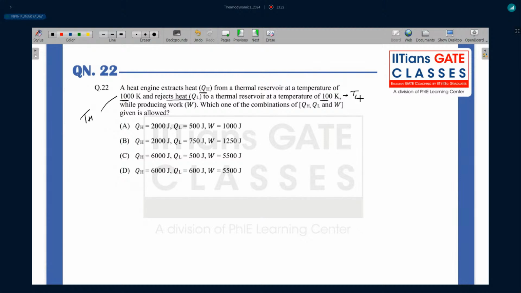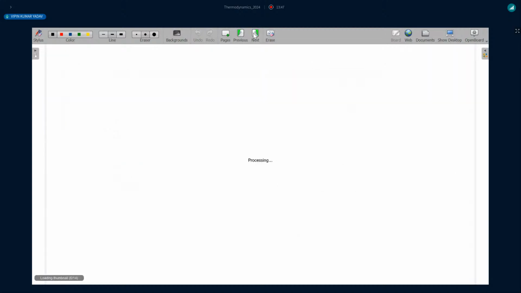Yes. Now, while it is producing some work as well, of course, it is a heat engine, so it is going to produce some work. They have given a relationship between higher heat transfer, lower heat transfer, and work, and we have to see which combination is correct. So let us draw the diagram of a heat engine, so it will be easier for us.